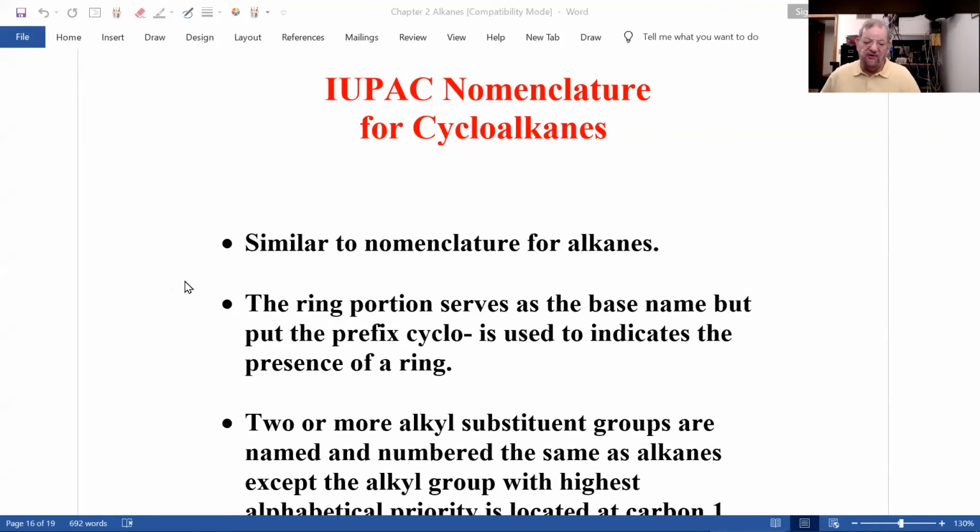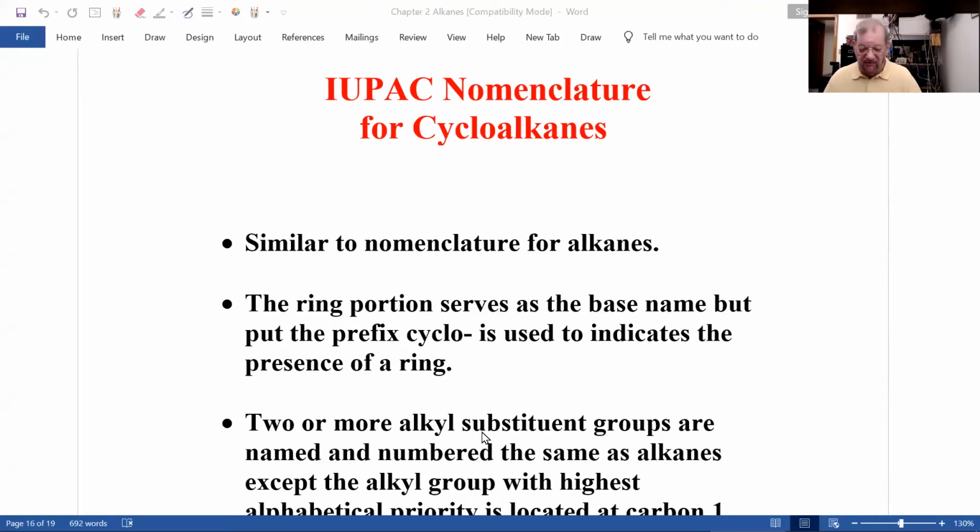Now, the ring portion serves as the base name, but the prefix cyclo is used to indicate the presence of a ring. Again, the ring portion serves as the base name, same chart as you looked at the alkanes, but we now use the prefix to tell it's a ring, cyclo.